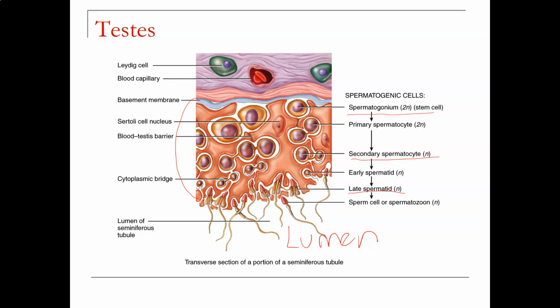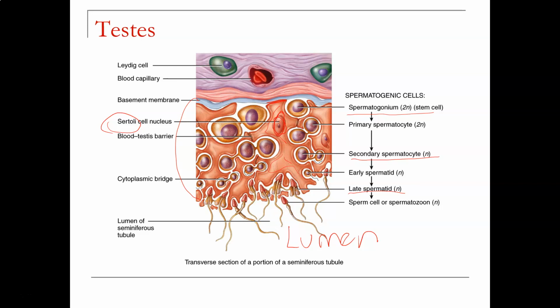Okay, but now here are the other cells. The other cells are the Sertoli cells, and they are quite large, and they extend all the way from the edge of the seminiferous tubule to the lumen. So this orange color you see in here, this is the cytoplasm of the Sertoli cells, and here's a nucleus of one of them.